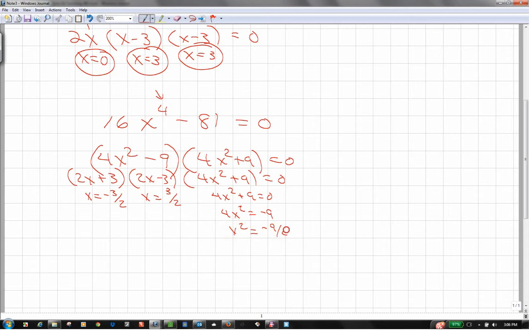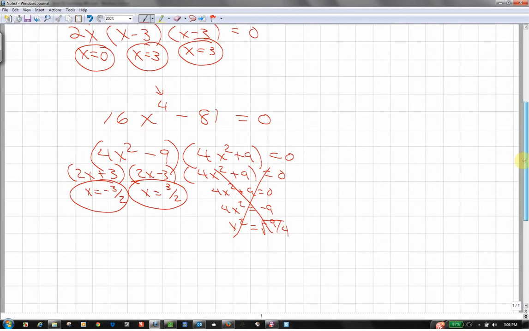And you can see now that if I take the square root of both sides, I'm going to have the square root of a negative number. So this whole side would be imaginary, and I wouldn't have had to work that. So that's an imaginary number. The only two real zeros I would have would be x is plus or minus 3 halves. Okay. Next problem.